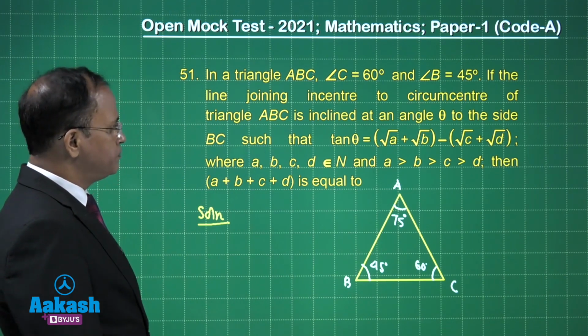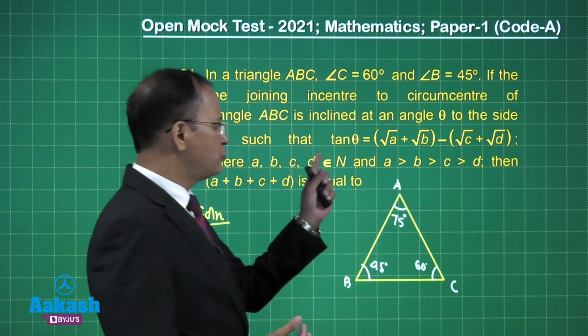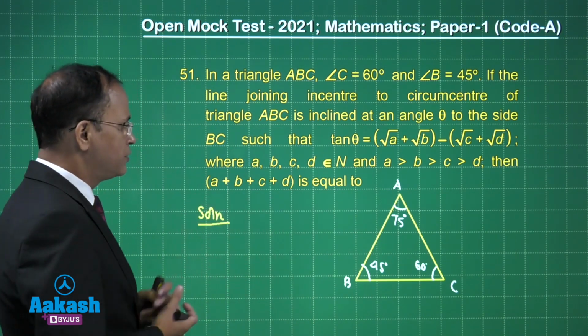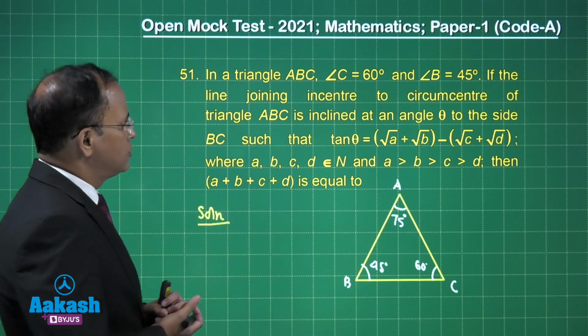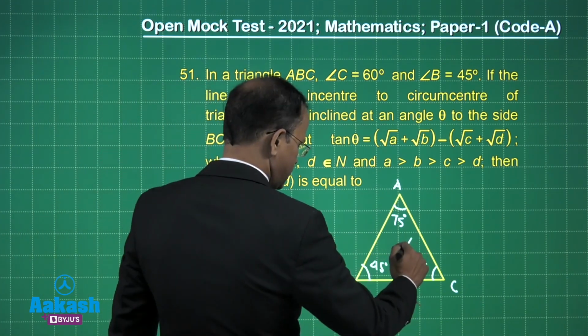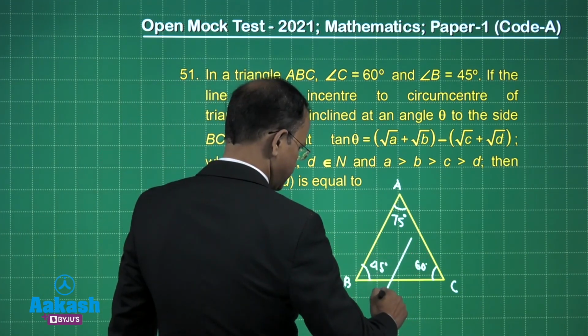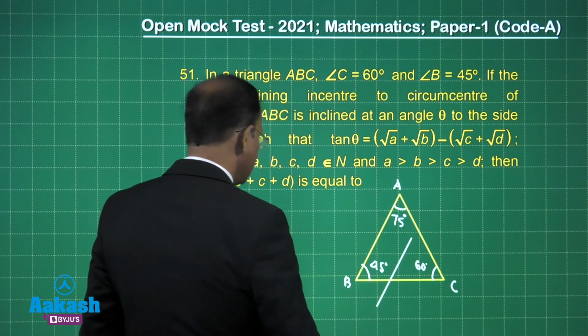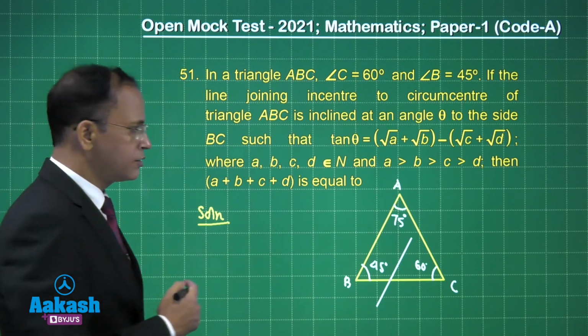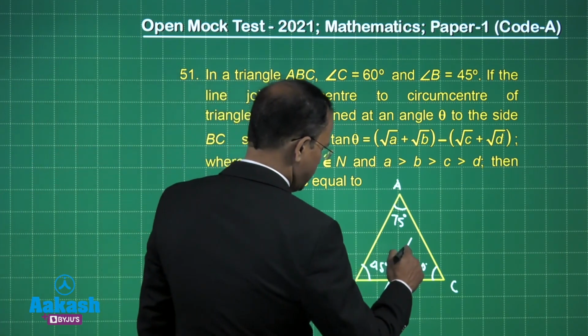Now, the thing is that we have to find tan theta. So, how is this tan theta created? Let us have a look at that part. We have a line somewhat like this. Why am I taking this line? Because it is the line joining the incenter and the circumcenter.